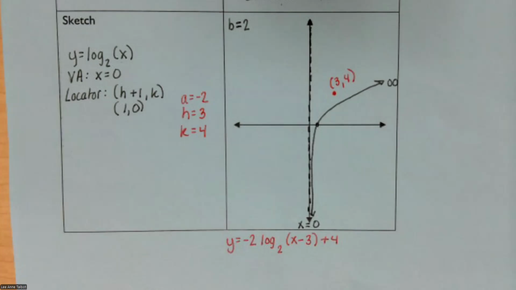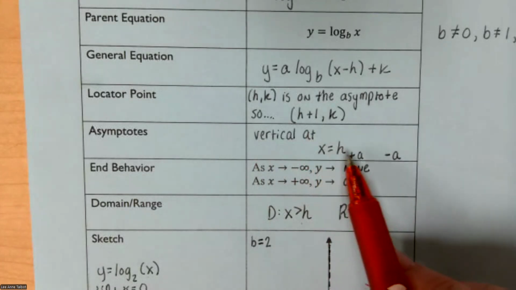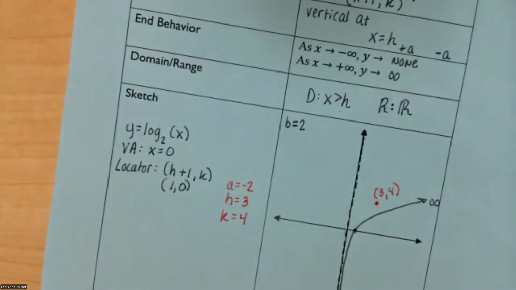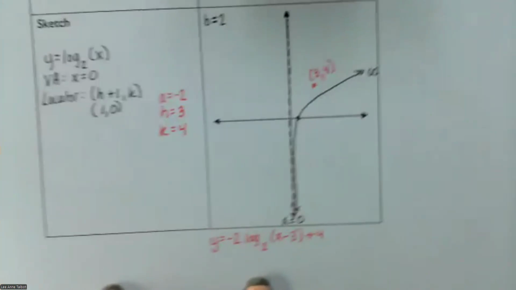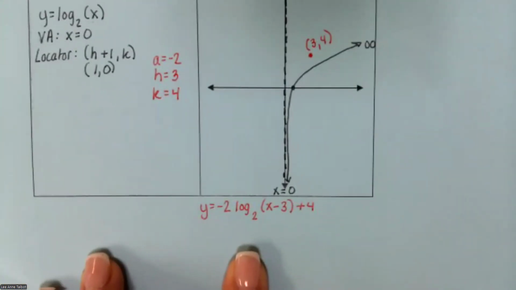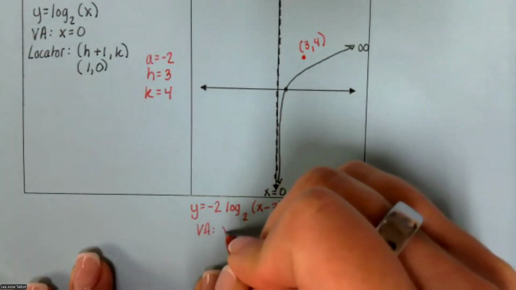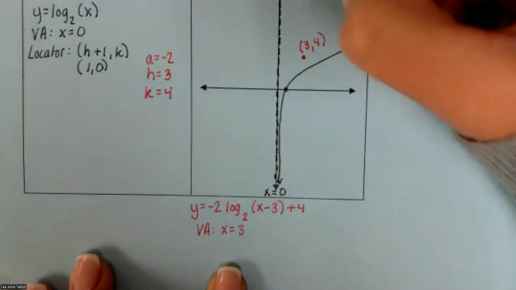First, what is the asymptote? Okay, so scroll back up. Vertical asymptote at x equals h. 3. Okay, so vertical asymptote x equals 3.